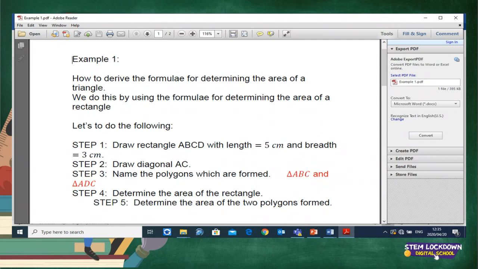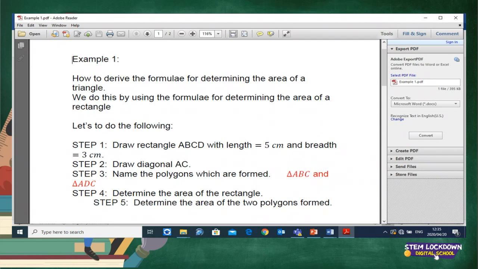Every learner who is in this class today, who was here also last week, will remember that we have taught you how to find the area of a rectangle. So you are going to use that knowledge now to derive the formula for the area of a triangle.